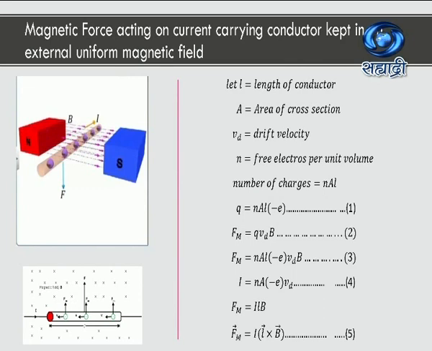So the conductor as a whole, will it experience any force? Yes, it will experience force.